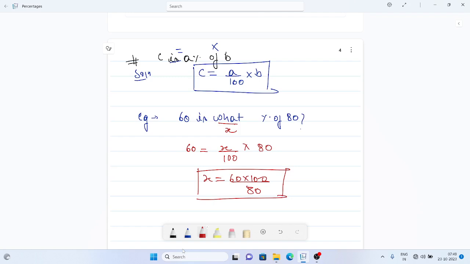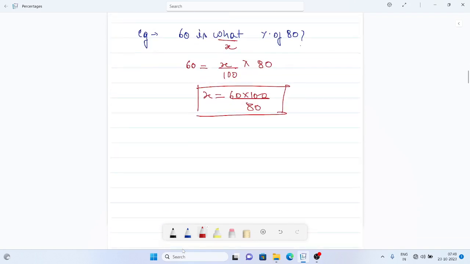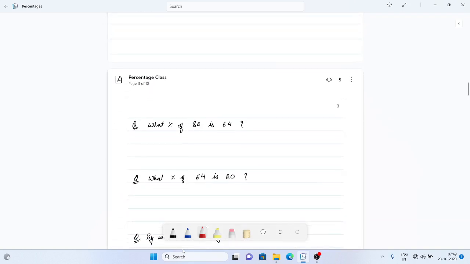Okay, we also see a few more examples on this. You have to focus on the keyword, which you always assume as x. So what percentage of 80 is 64? If I assume x, then of means into 80, so x by 100 of 80.